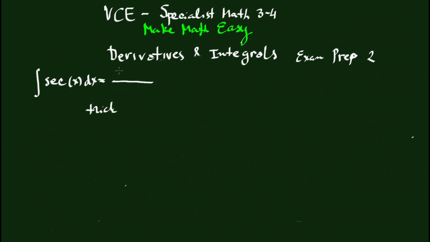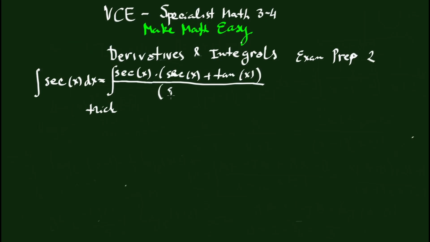So you go secant of x times, and you multiply by, this one is characteristic, secant of x plus tangent of x.